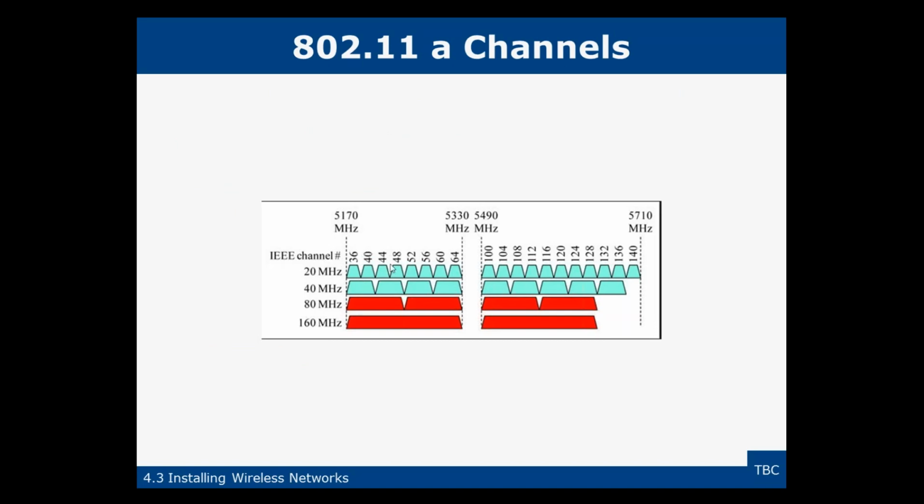This is a picture of the 802.11a channels, and we have 36, 40, 44, we have a lot of channels, and then there's a break. There are actually two ranges where we have channels that can be used.